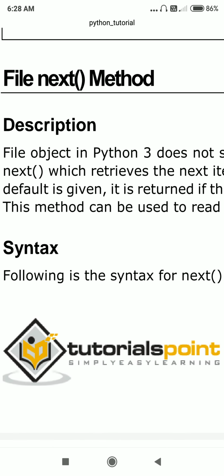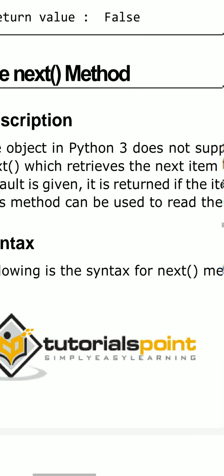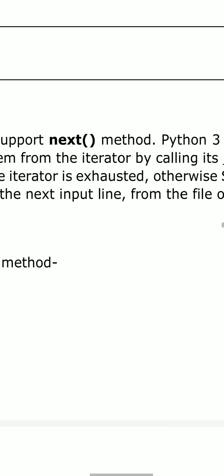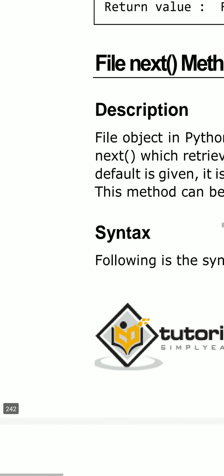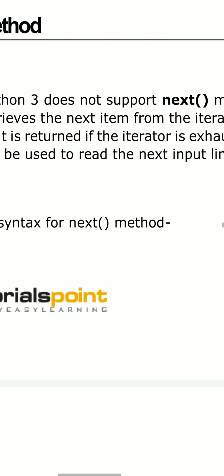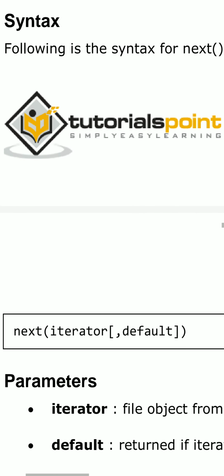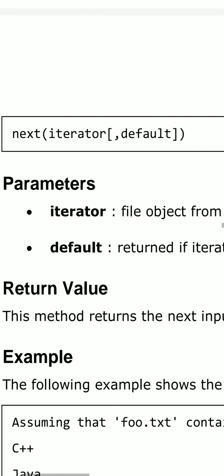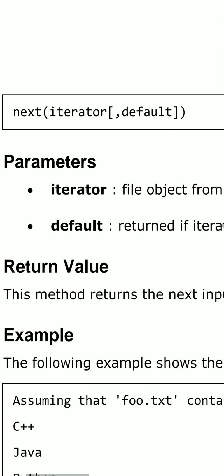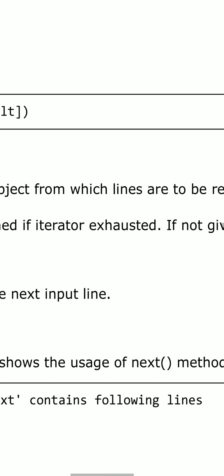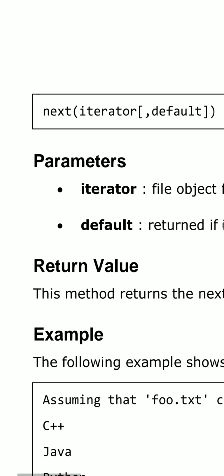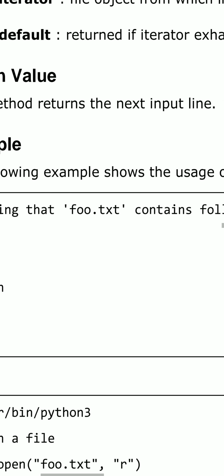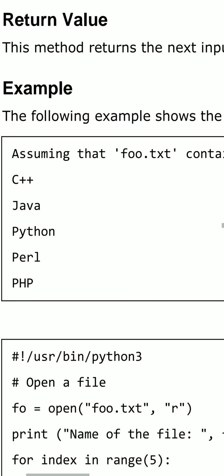The next method is next. A file object in Python 3 doesn't support the next method. Python 3 has a built-in function next which retrieves the next item from the iterator. So there is no method next in Python 3, but by default it has a function. It has two parameters, iterator and default. The iterator file object specifies which lines are to be read, and default is returned if the iterator is exhausted. This method returns the next input line to be read in a file.